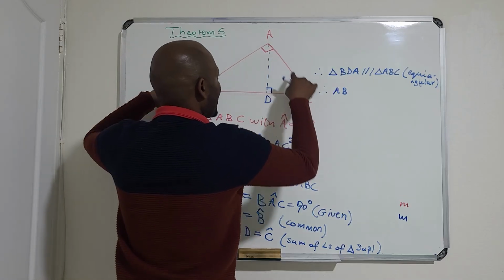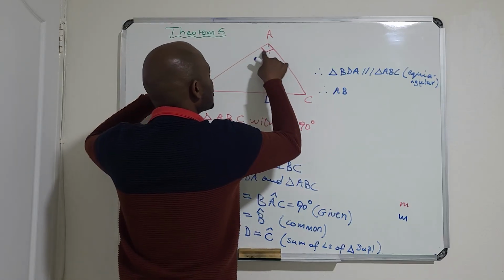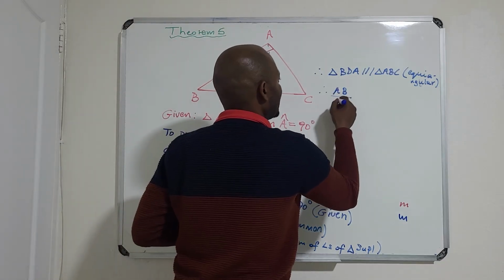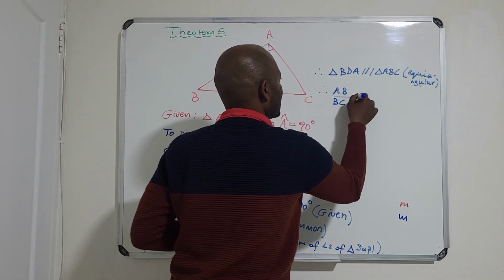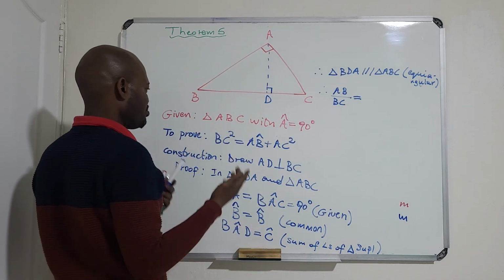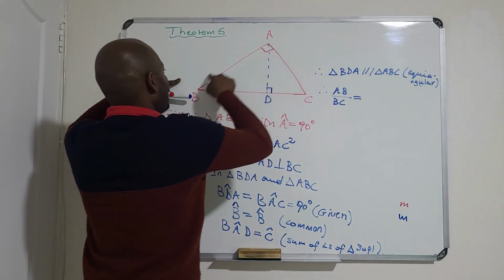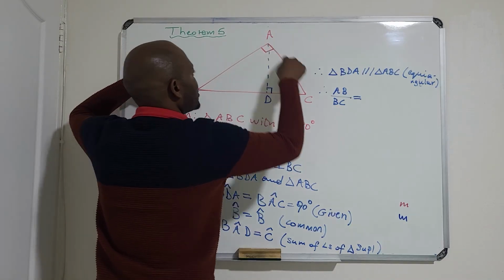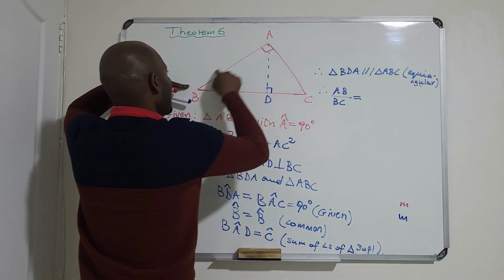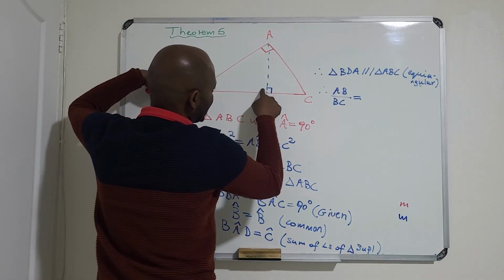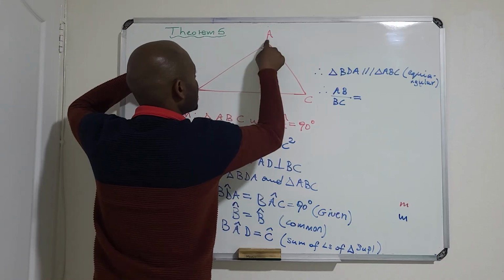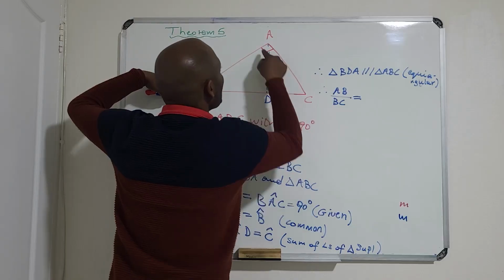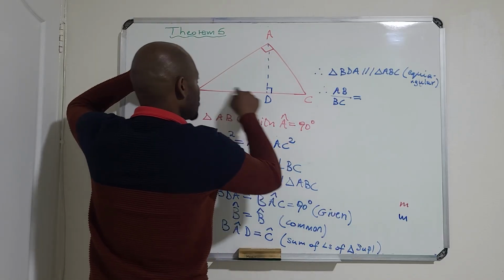In the bigger triangle, the side which is opposite 90 degrees is BC. That is why we say AB over BC is equal to, let's repeat this. AB in this triangle, which we've just proved is similar to this triangle, is opposite 90 degrees in this triangle. We want the side which is opposite 90 degrees in this triangle.